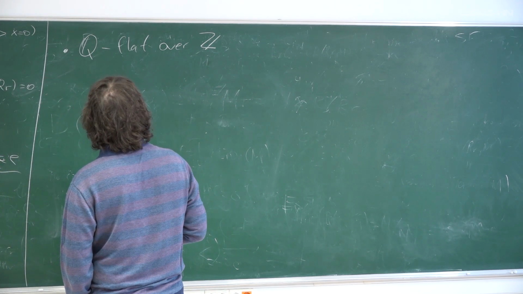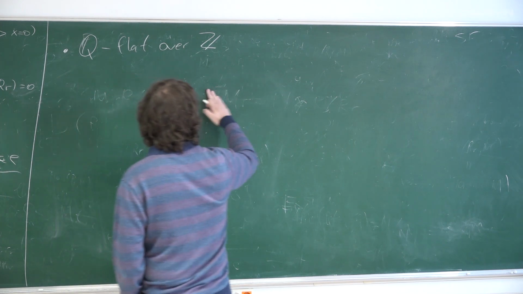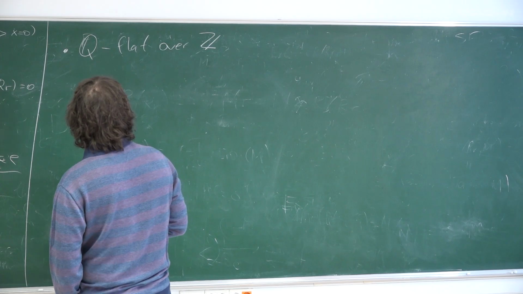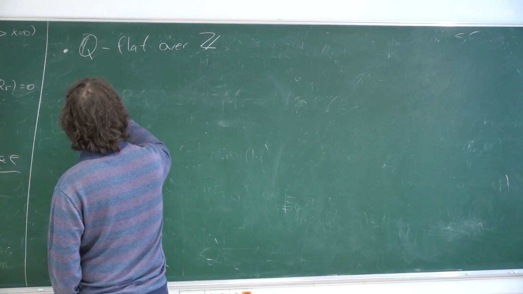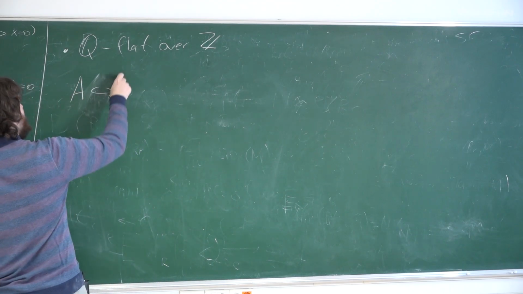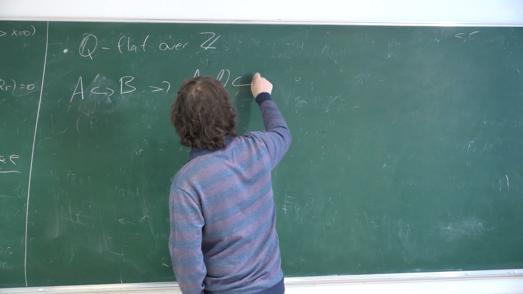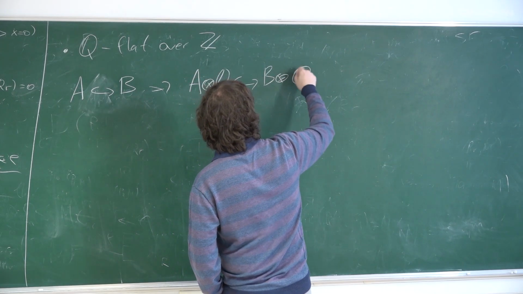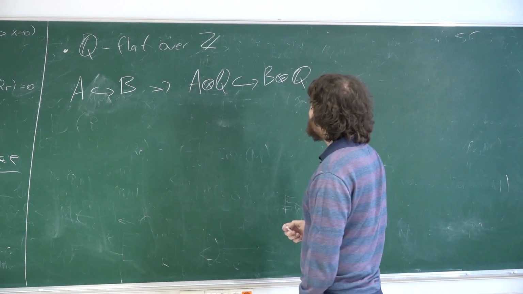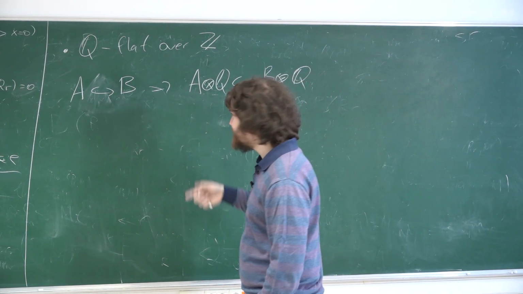We can check this more or less directly. For example, what we need to check is that if we have an inclusion of abelian groups, then after tensor product with Q, it's also an injection. So we need to understand what the tensor product with Q is.